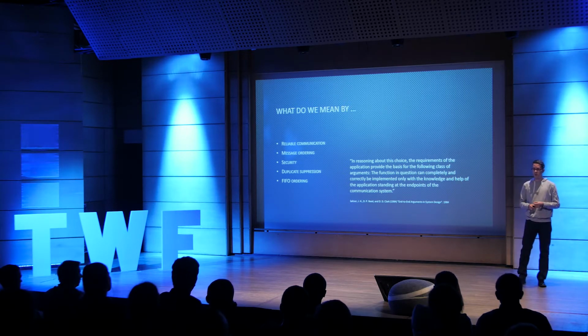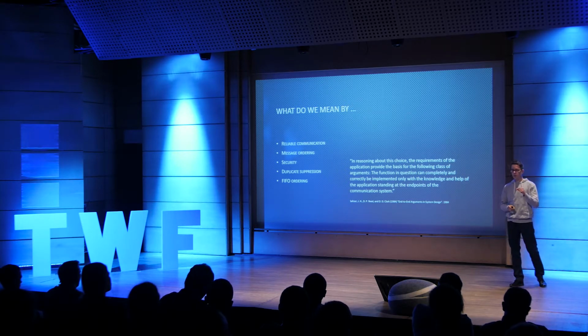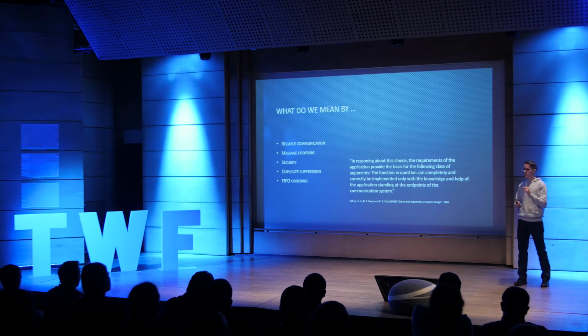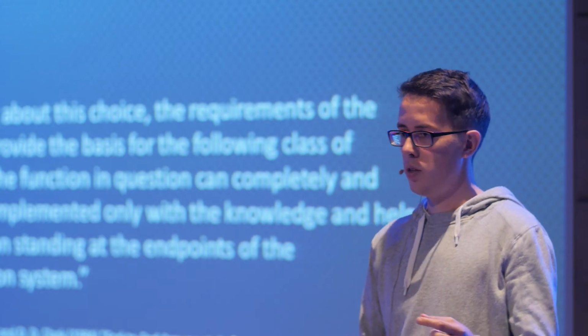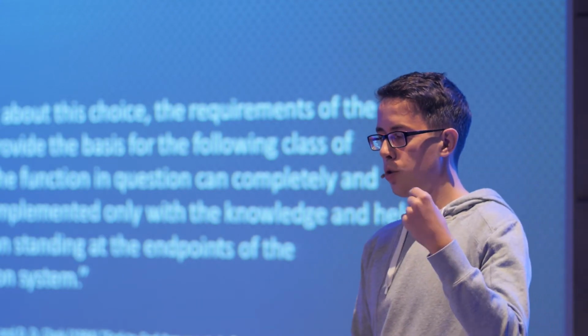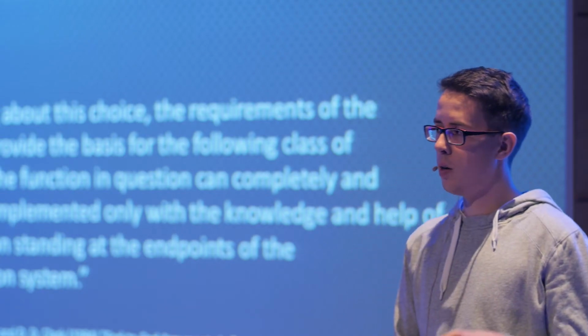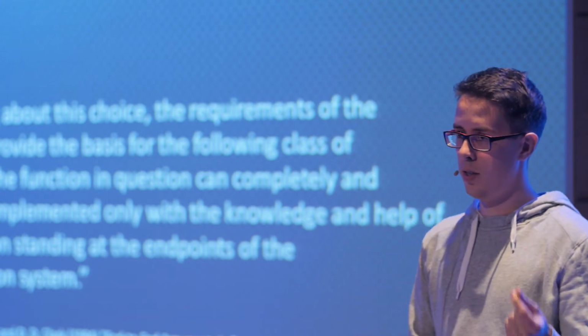But a very interesting thing that was already noted in 1984 in a paper called End-to-End Arguments is that this does not directly translate to your business needs. So if you are writing an application, it is essential for you to figure out whether the guarantees that the infrastructure gives you are enough for your business needs.